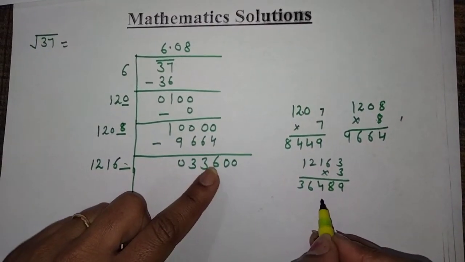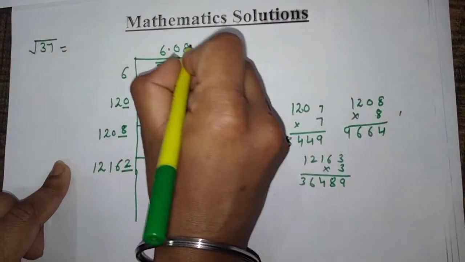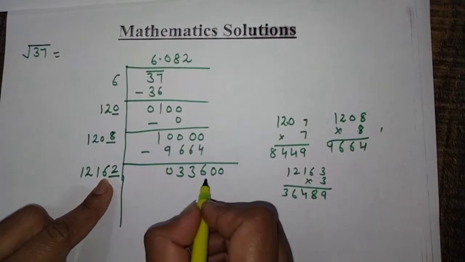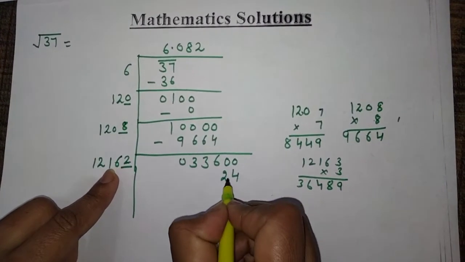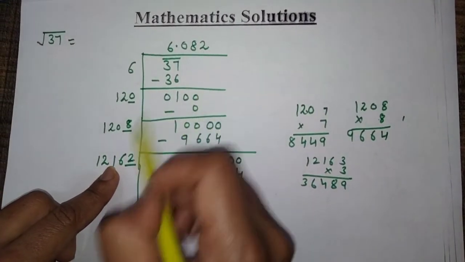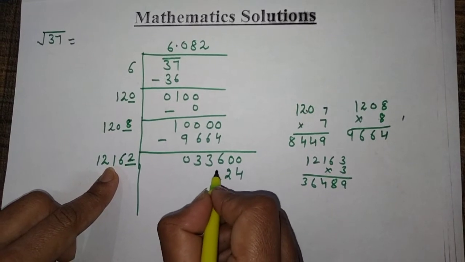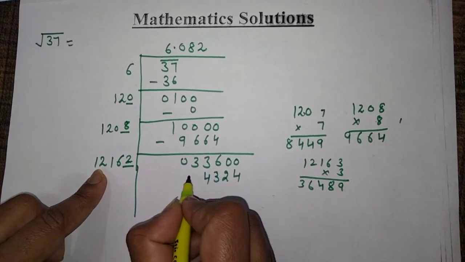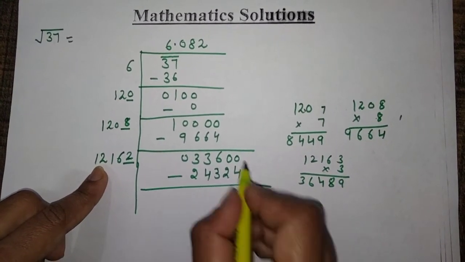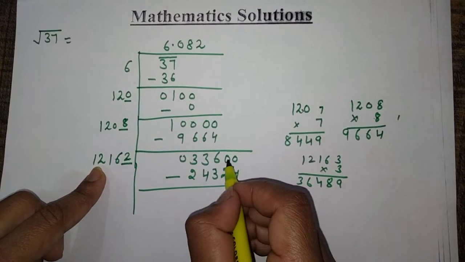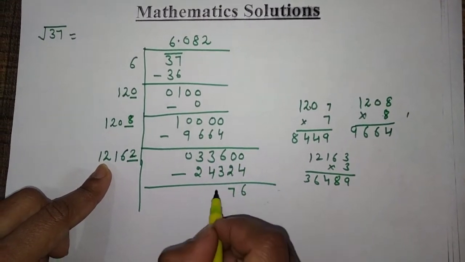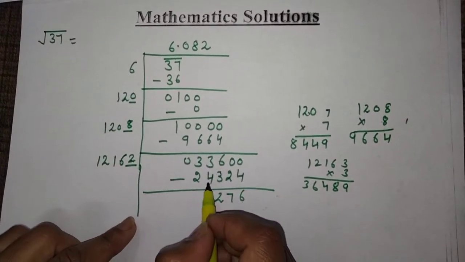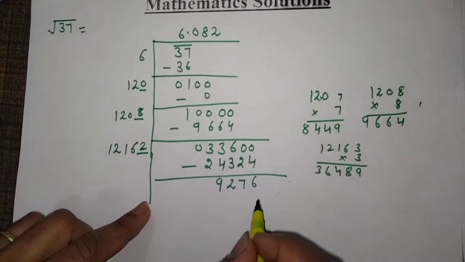The number is greater than this number, so we will write here 2 and multiply this number also with 2. 2 2s are 4, 2 6s are 12, 2 1s are 2 and 1, 3, 2 2s are 4, 2 1s are 2. Now subtract. 10 minus 4, 6, 9 minus 2, 7, 5 minus 3, 2 and 13 minus 4, 9.